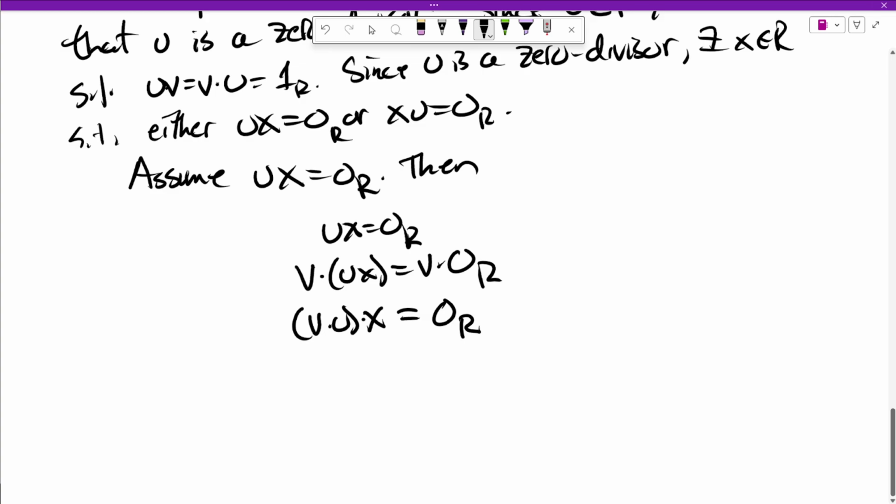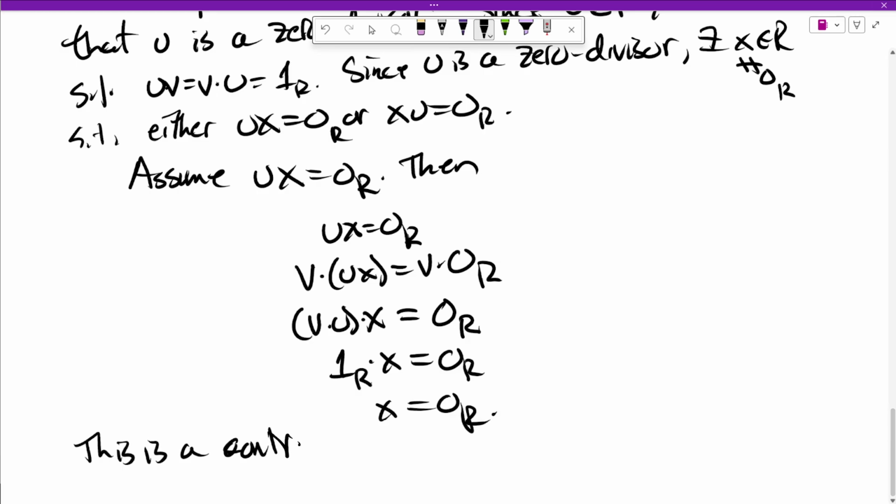And V times U, well, V was the multiplicative inverse for U. So this should have been a non-zero X up here, sorry. X is not 0. 1R times X on the left-hand side is 0R. But this is the multiplicative identity, so that's saying X is 0R. So X wasn't 0, but we deduced X was 0, so this is a contradiction.